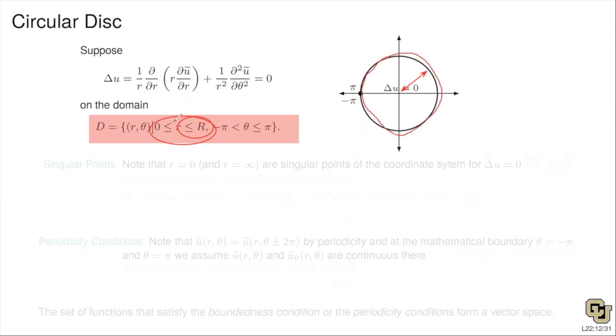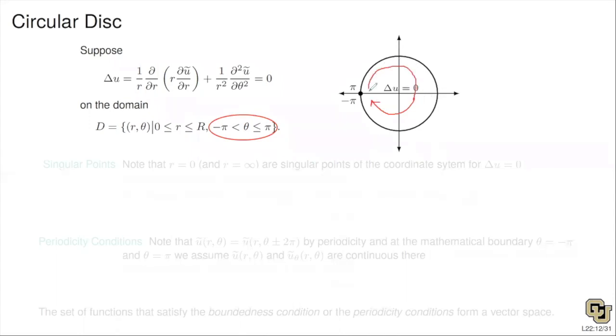R equal to 0 is a mathematical boundary, and we'll need to address that in our mathematical framework as we set up these equations to model this situation. Theta goes from minus pi to pi. So theta starts back here from minus pi, goes through 0 to pi.